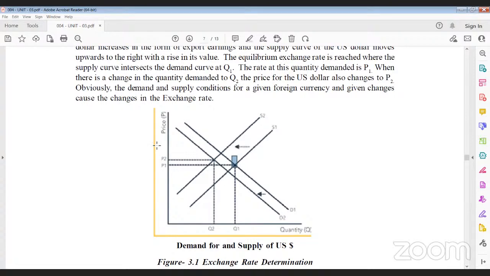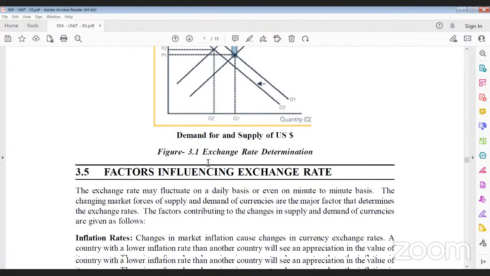The change in quantity demanded is to Q2, and the price of the US dollar also changes to P2, wherein the demand and supply conditions for a given foreign currency cause the changes in the exchange rates.